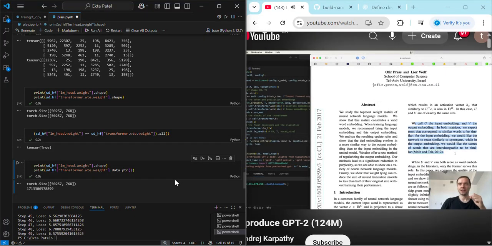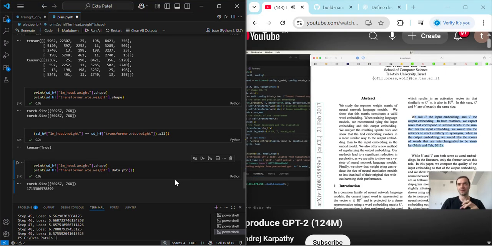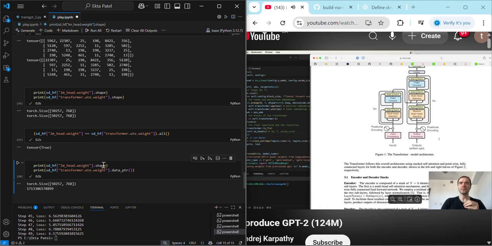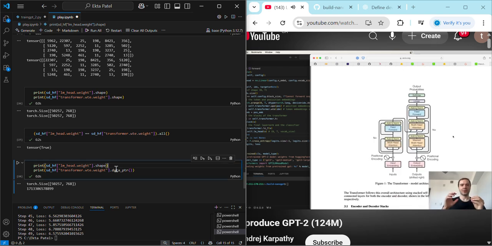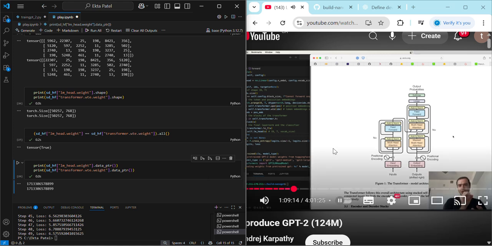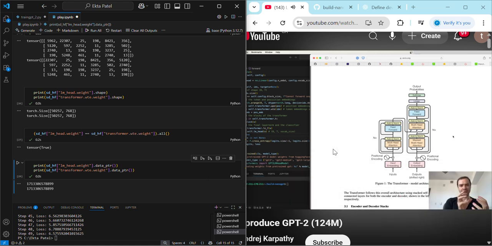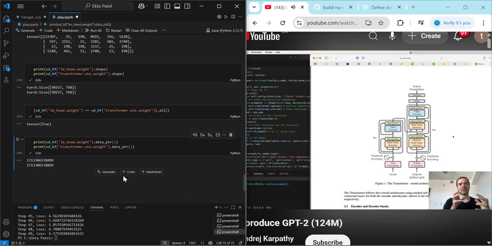And I think intuitively the idea for why you might want to do this comes from this paragraph here. Basically, you actually want these two matrices to behave similarly in the following sense. If two tokens are very similar semantically, like maybe one of them is all lowercase and the other is all uppercase, or it's the same token in a different language, presumably you would expect that they are nearby in the token embedding space.